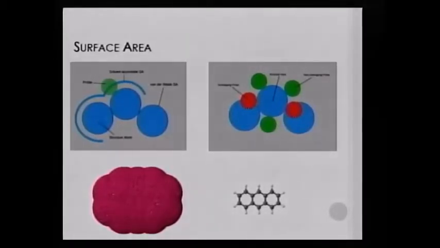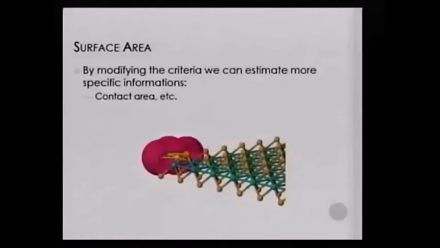So you can compare your results with different references by changing this probe size. So you can estimate the value of the surface area and be able to compare it to different references depending on the parameters you employ on this specific calculation. And when you modify this criteria, yes?